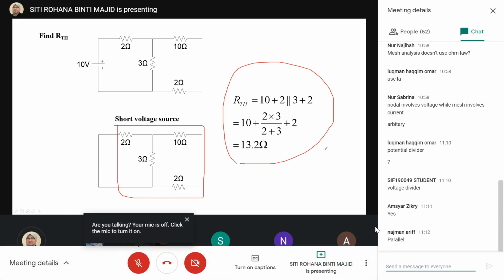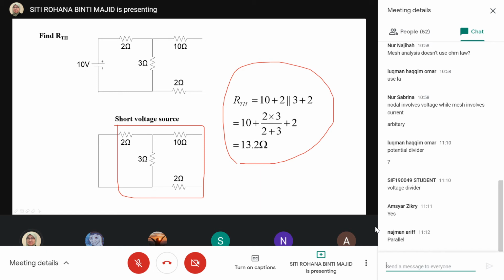Can someone explain to me how we can determine which resistor is series, which resistor is parallel? Don't look at the solution in this diagram, because this solution comes after the diagram.